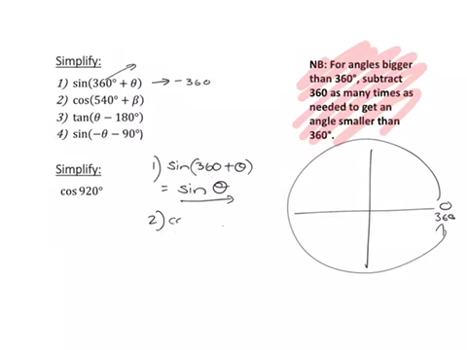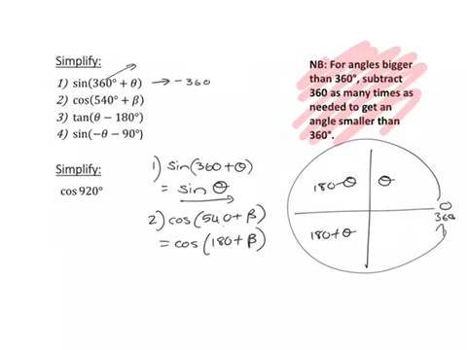For number 2, cos of 540 plus beta. 540 is bigger than 360, so we need to subtract 360 off of that. So 540 minus 360 is equal to 180 plus beta. Now you need to recognize that we have reduction formulas, like rules, and this one now matches the one that is in tan's quadrant.